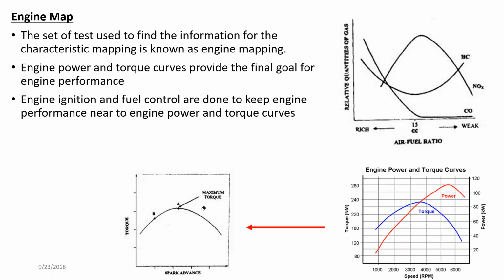So the map for fuel and everything is dictated by what power and torque curves are necessary. While doing that, it always has to maintain the air-fuel ratios, and how that is going to affect the emissions of the engine, and how the efficiency is going to be affected by these things.